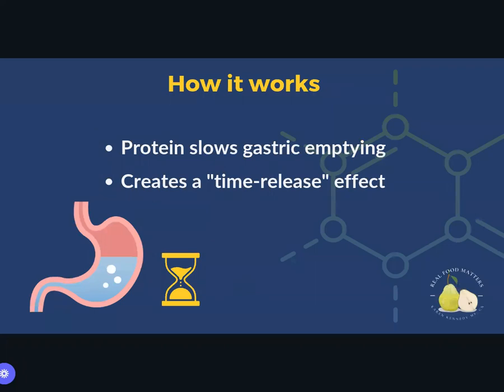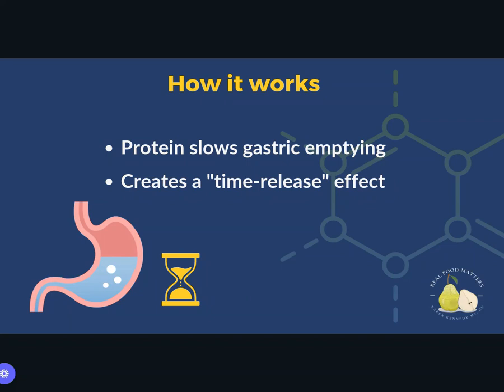So the way protein works, like some of the other things, is it slows gastric emptying, creating a time release effect. So the way protein does this is, when we digest our protein, it needs to sit in the actual stomach, where there's acid and enzymes that break down protein.